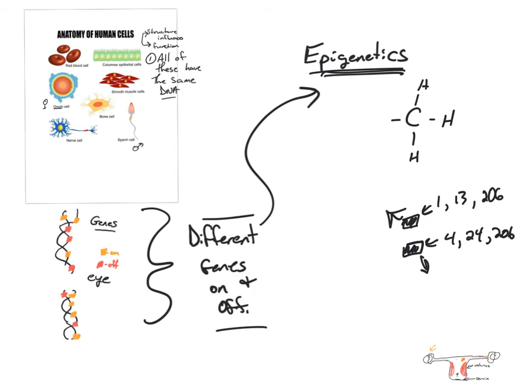Could you dodge, zigzag, and make it to the other side of the field? Yeah, it's possible. And yeah, you could get hit, right? Or you might make it to the other side. When you're hit, it would be like that chemical hit that cell and changed the DNA. Does that make sense?